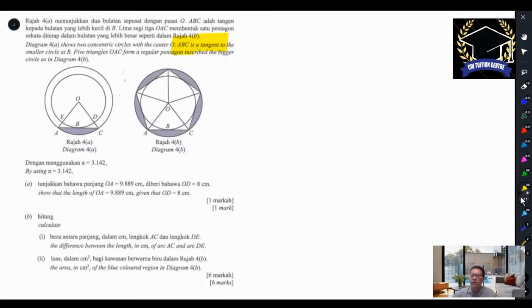ABC is a tangent to the smaller circle B. Okay, so let's understand the full drawing first before you do the question.